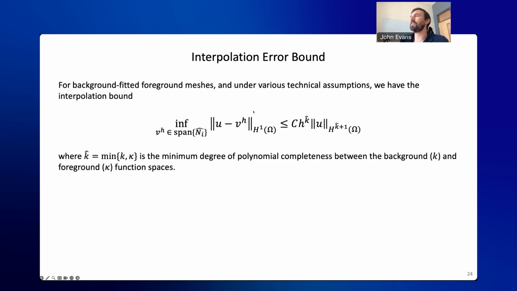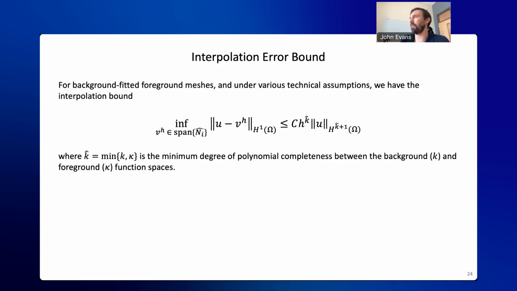So we see that the best approximation error is bounded from above by some constant C that doesn't depend on mesh size, times the background mesh size, H raised to the power k hat, times the norm of u. And k hat here is the minimum of k and kappa, where k is the polynomial degree of the background space and kappa is the polynomial degree of the foreground space.